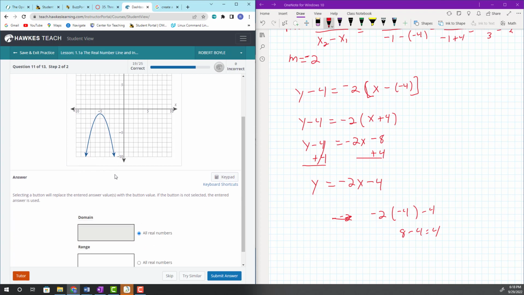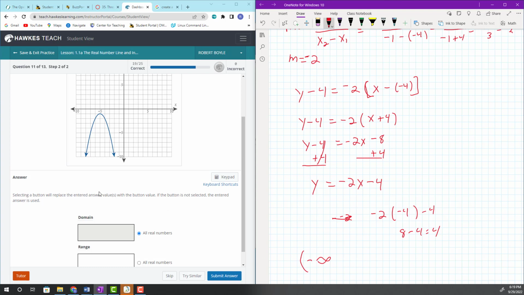Now to figure out the range, what you want to do is look at the possible y values starting at the very bottom, which by the way is negative infinity, and going all the way up. And notice that this thing goes down forever. So the range starts at negative infinity. And since it's starting at negative infinity, we need to have a parenthesis there.